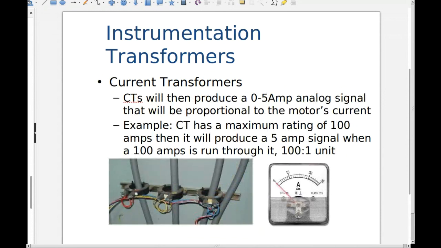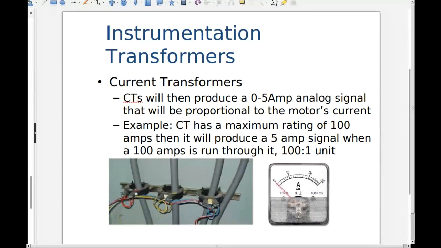Now here's an example of an instrumentation transformer, specifically a current transformer. And the beauty of these is the fact that you have a large current flowing through a conductor, like say it's feeding a very large motor.